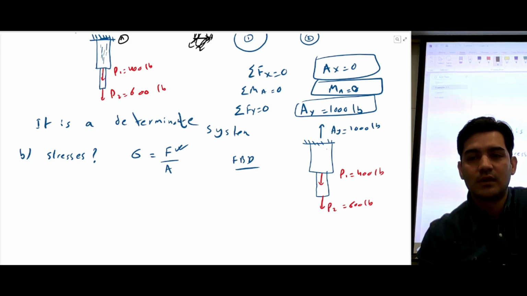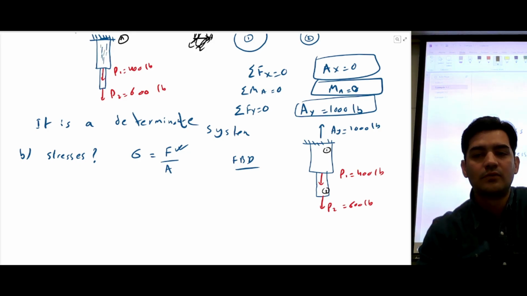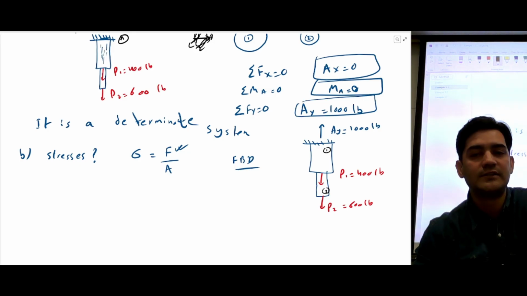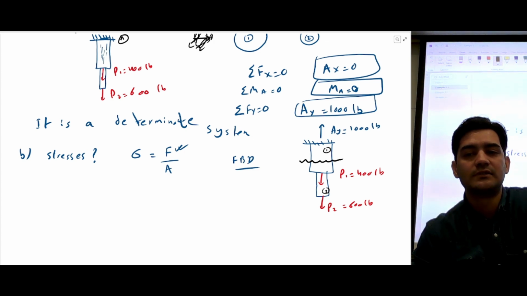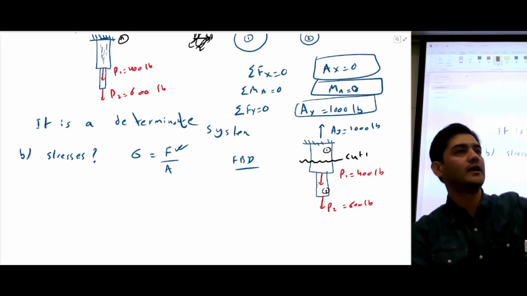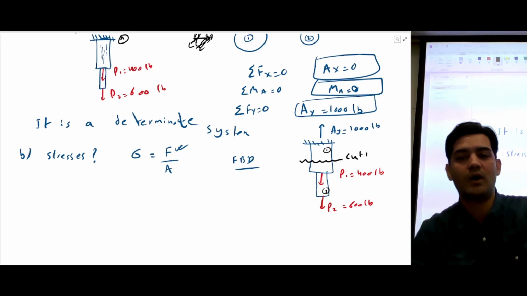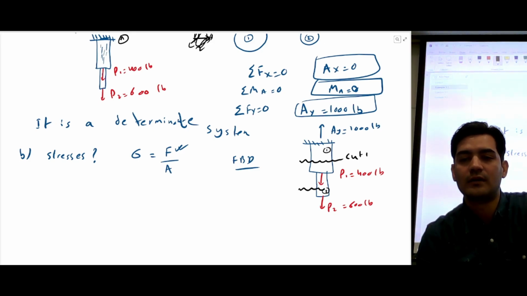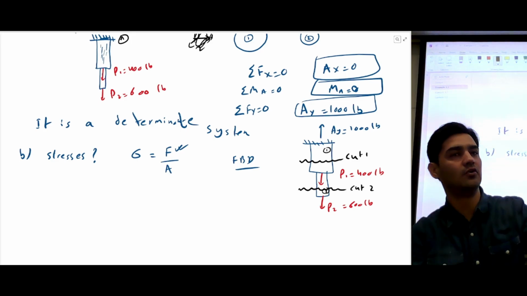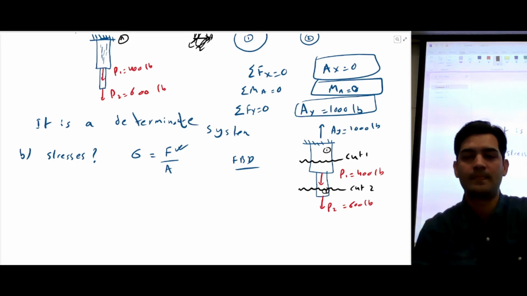This is cylinder 1, this is cylinder 2. To calculate the internal forces, we need to cut a section. If we make a cut here, we expose the internal loads in member 1. If we cut here, we expose the internal loads in member 2.